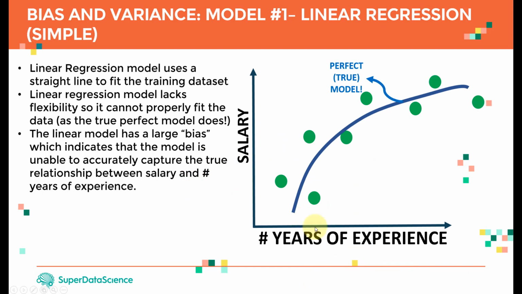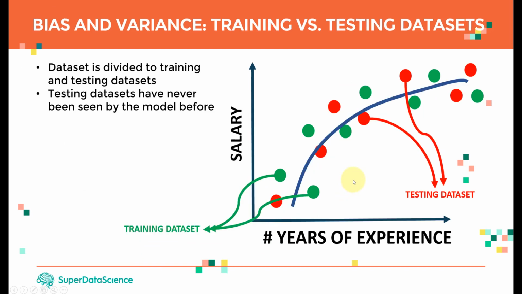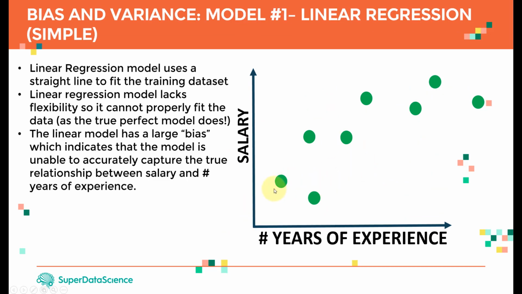And again, please recall, this is my perfect or true model. That's the best model ever. And again, this is a training data set. If you recall, the green was training and the red was testing. What we're going to do here is only have the green data points, so only the training data.